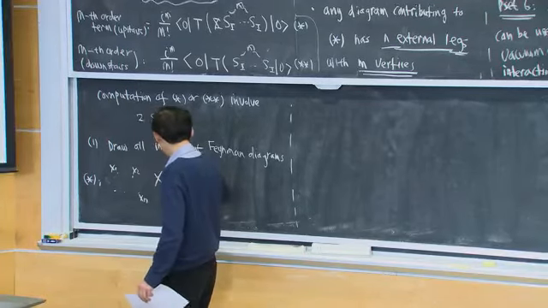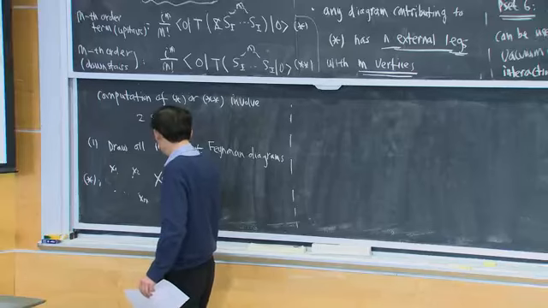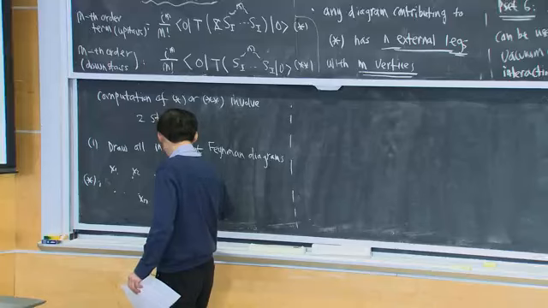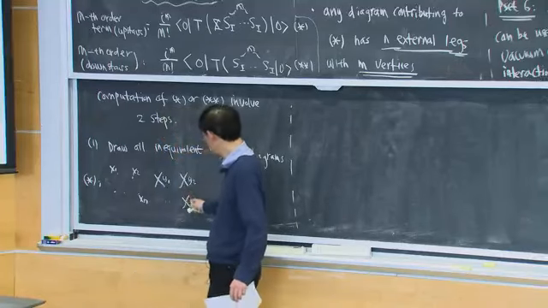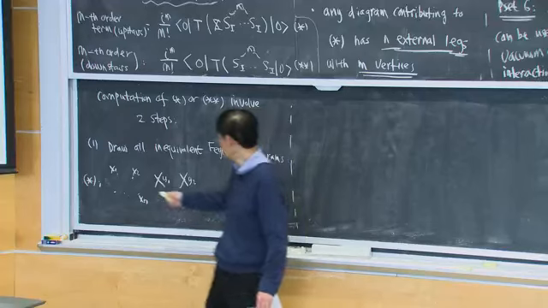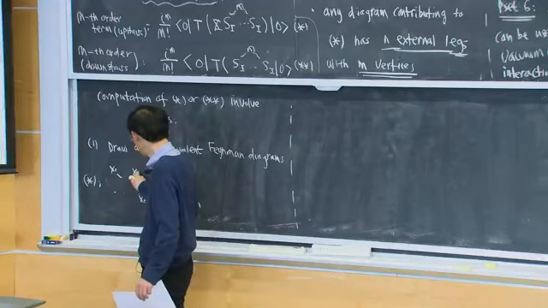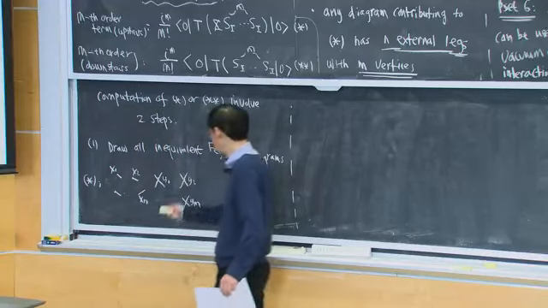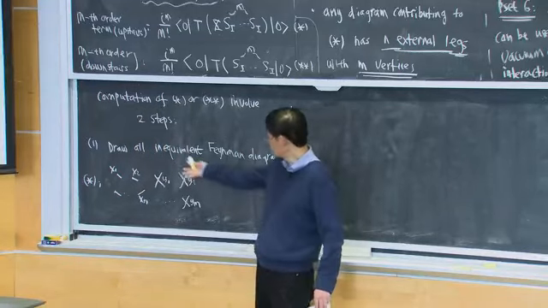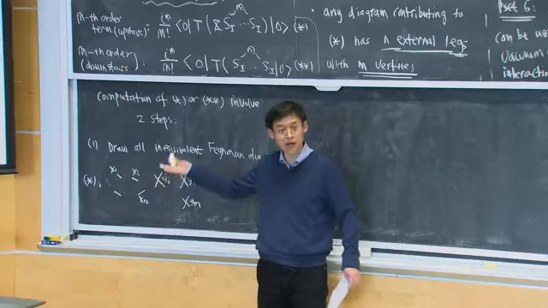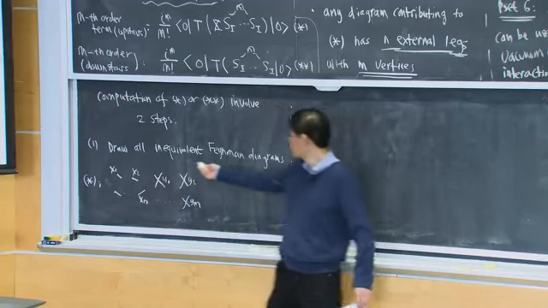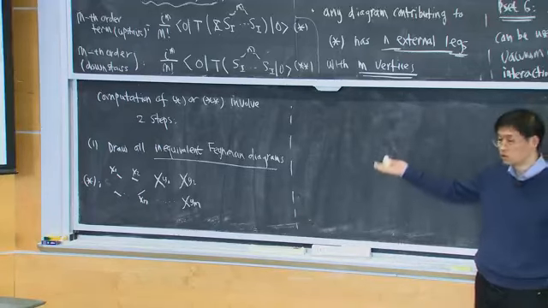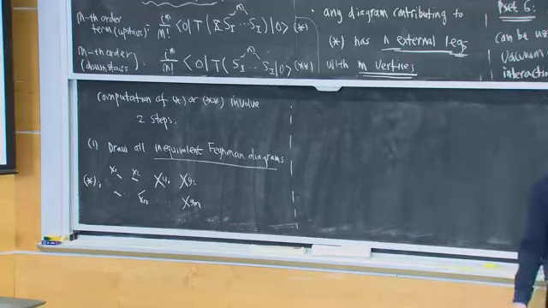So for star, you have n external points, say x1, x2, in coordinate space, and then you have m vertices, say y1, y2, ym. At each vertex, you have 4 legs coming out, and at each external point, you have one line coming out. Then you just need to find all possible ways to connect them. That is what we mean by drawing all inequivalent diagrams. You just draw it; it becomes mechanical.